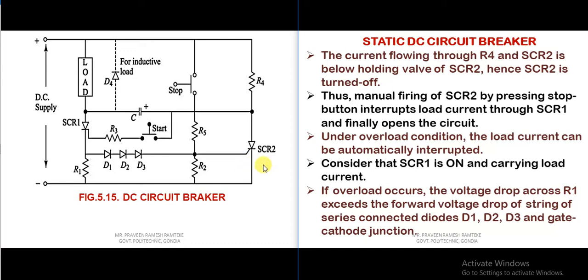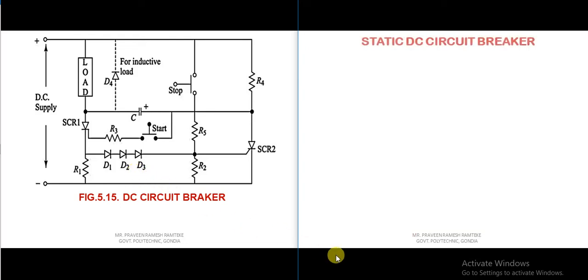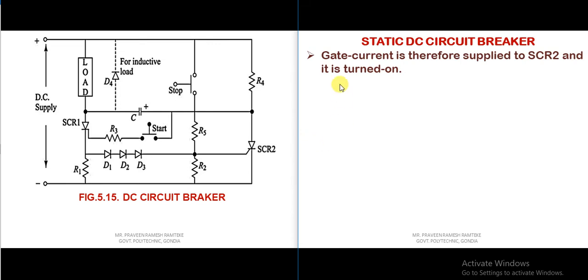Means if overload occurs, the voltage across R1, D1, D2, D3 increases. So the gate current is therefore supplied to the SCR2 and it is turned on.